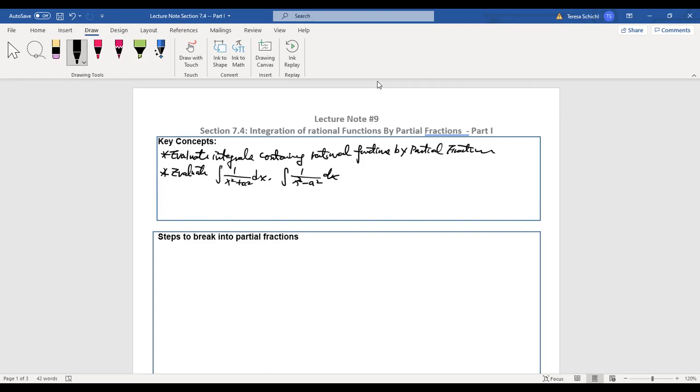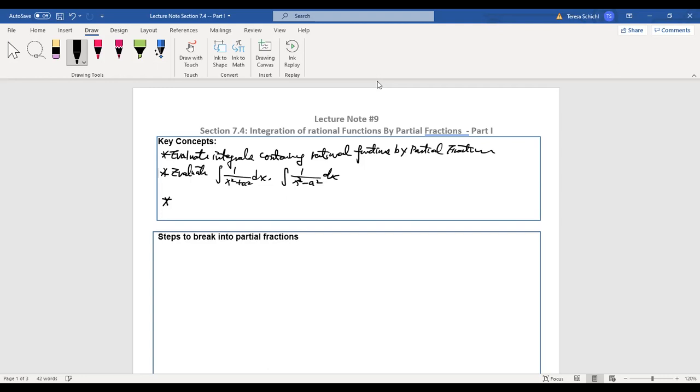If we have square roots of x squared plus a squared, or square roots of a squared minus x squared, then we can use the trig substitutions. Correct? But how about now, when I don't have the square root?